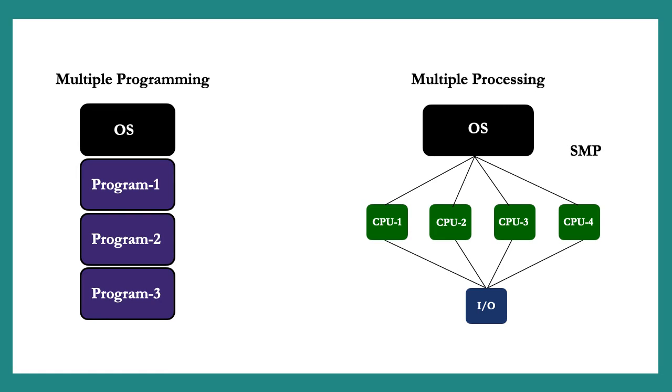And z/OS can also perform multiprocessing, which is the simultaneous operation of two or more processors that share various hardware resources, for example memory or external disk storage devices. This is commonly called SMP, or symmetric multiprocessing.